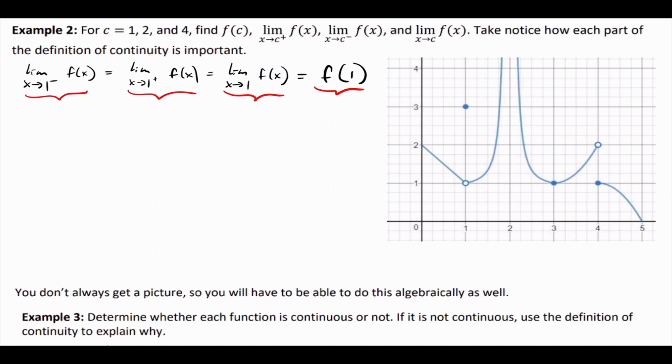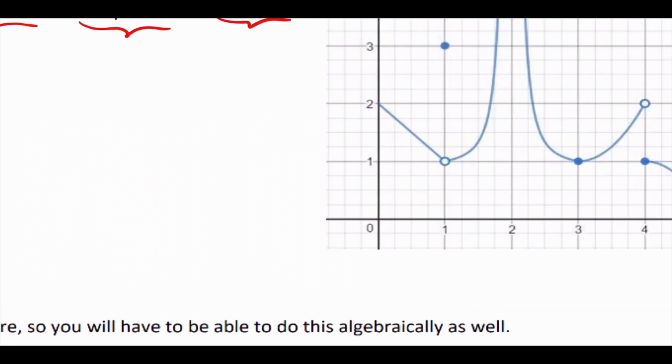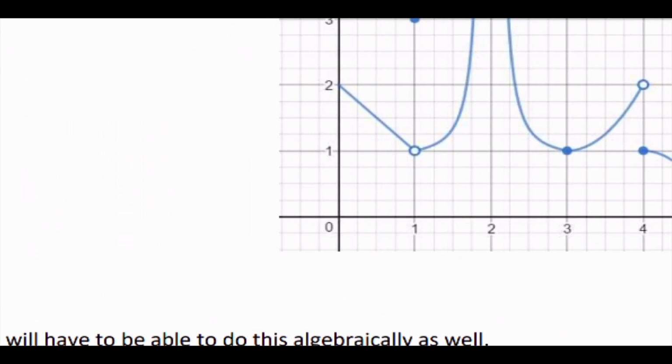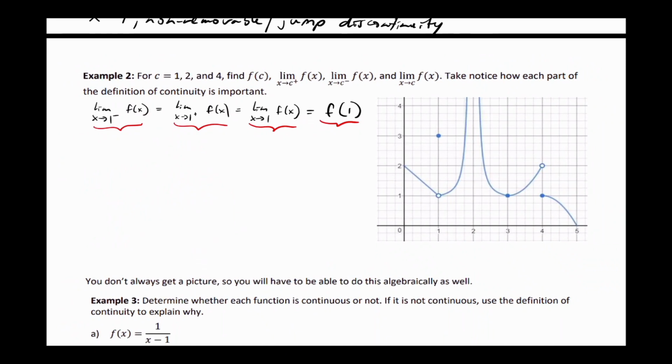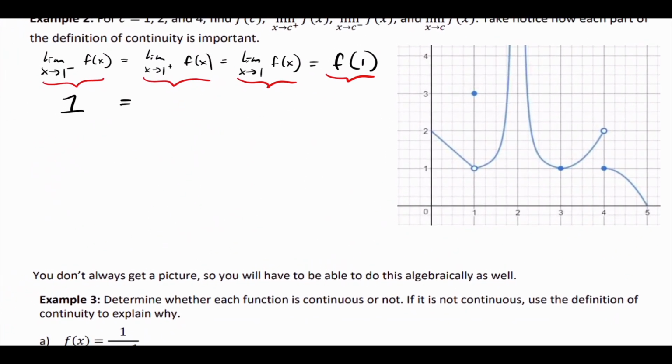So let's go look at this. Let's look at 1. From the left side, from the negative side, what is the limit as x approaches 1? 1. Okay, so we're going to put that down. What is the limit as x approaches 1 from the right side? Also 1. We're doing good so far.